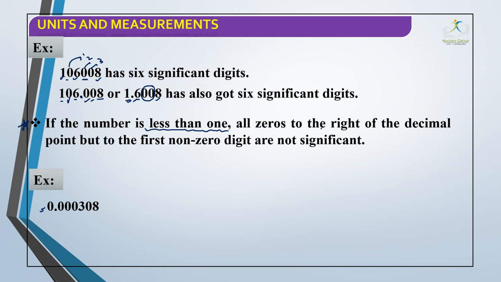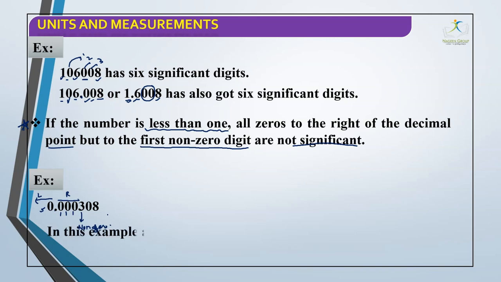All zeros are to the right of the decimal point, not the left side, but before the first non-zero digit they are not significant. Clear? As you can see, these are zeros, and from here the non-zero digits start.